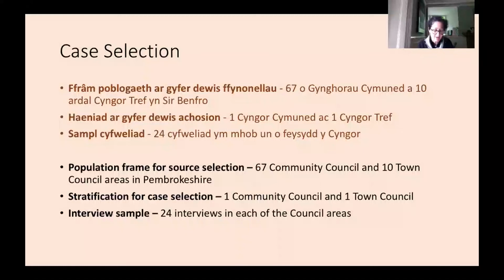Our definition of a case is the geographic area within the boundary of the town or community council and its population within all communities. Participants will be recruited through snowball sampling. We will identify a gatekeeper through our existing networks to support this work to ensure anonymity and adherence to GDPR. In our case selection work, we have stratified the 77 town and community councils against categories of assets in keeping with an asset-based community development approach.